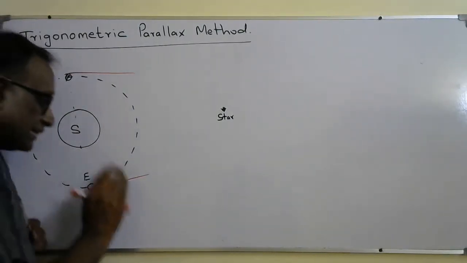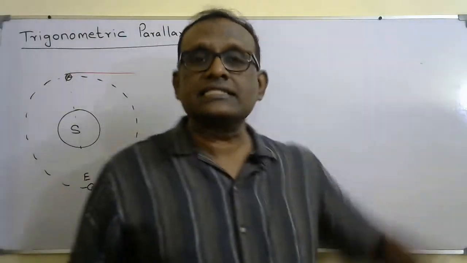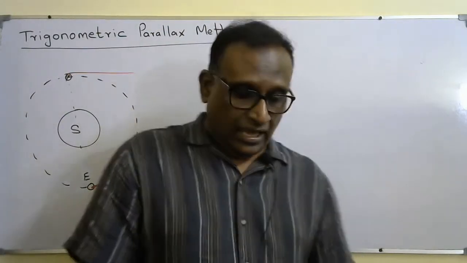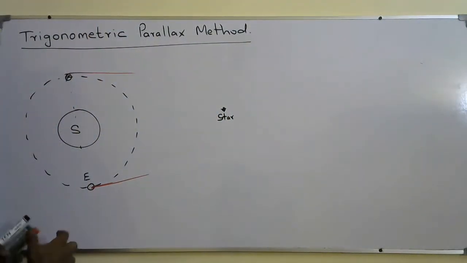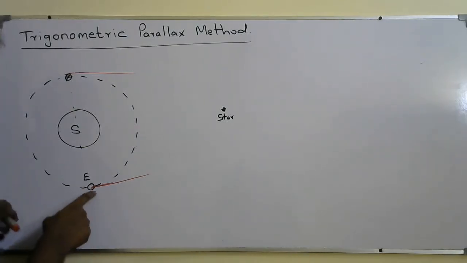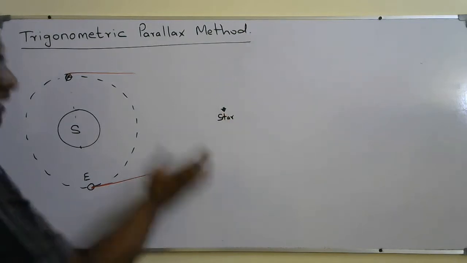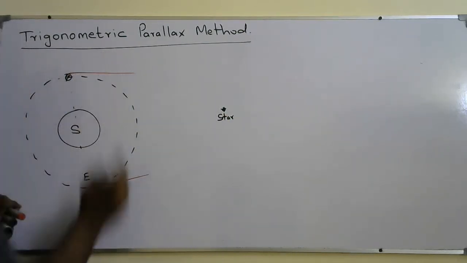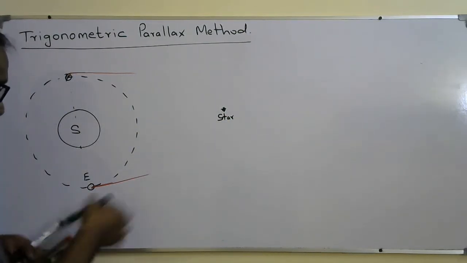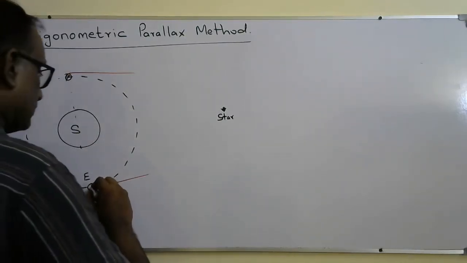So we use the light from the far distant star as a reference light, and we measure the arc difference. We take a measurement when the Earth is here. After 6 months we take another measurement relative to the light from the far distant star.